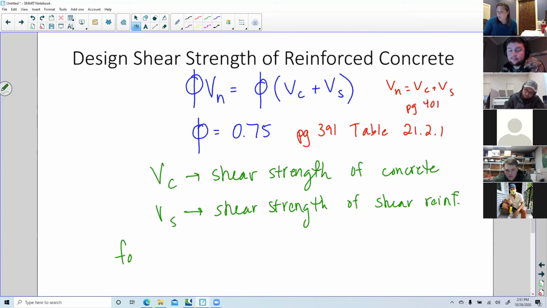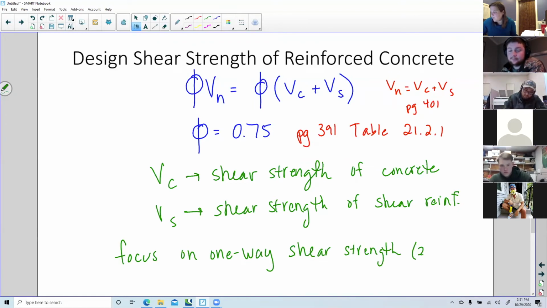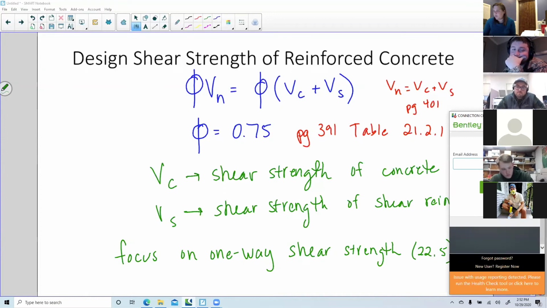And I said we're going to focus on one-way shear, which is section 22.5.